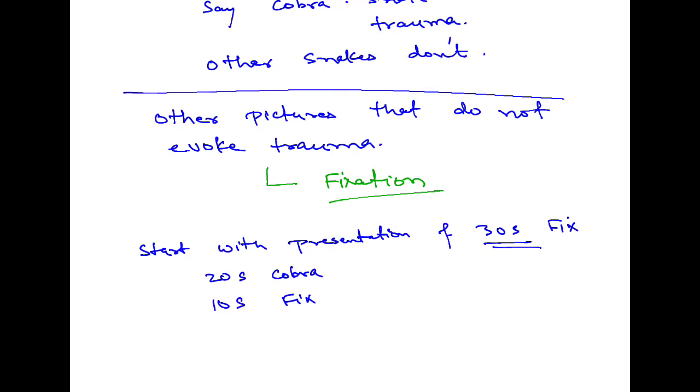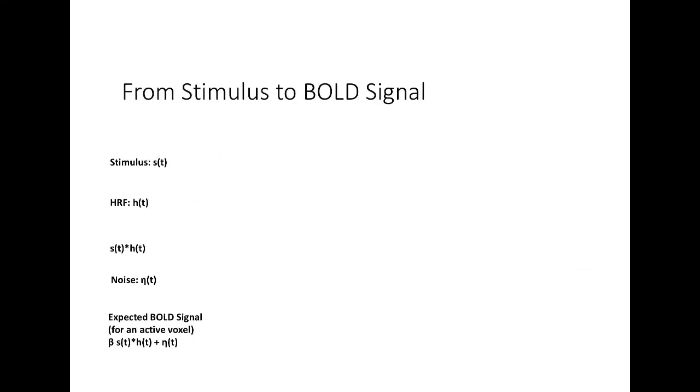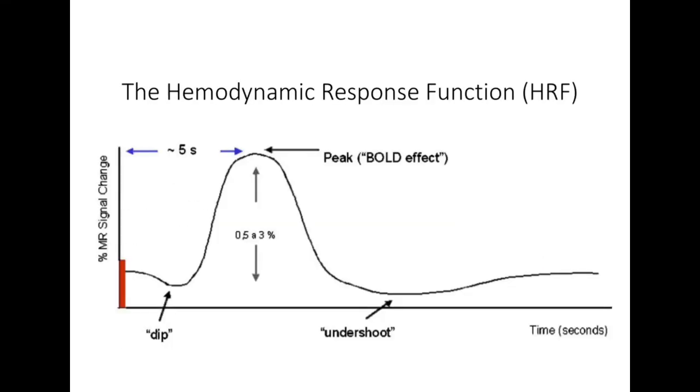The BOLD signal, the HRF, rises with a delay of 2 to 5 seconds, and because of that, I think we need this duration. Okay, so if you present a stimulus that gets some brain areas activated, it can take up to 5 seconds for that area to actually become activated.